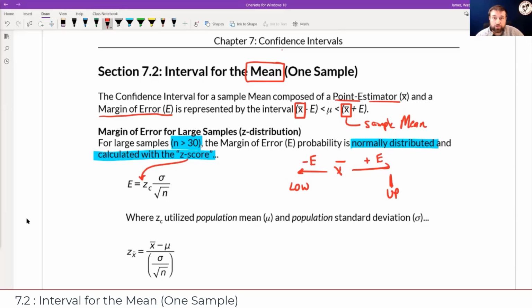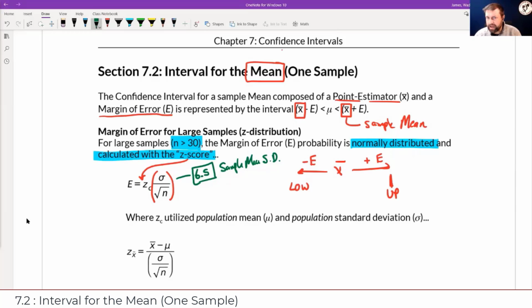So you find the z-score, and then you also calculate this value. And this value should be familiar. Remember, this came from 6.5. This was the sample mean standard deviation. Remember that? Where you took the standard deviation from the population and divided by the square root of how many items there were.